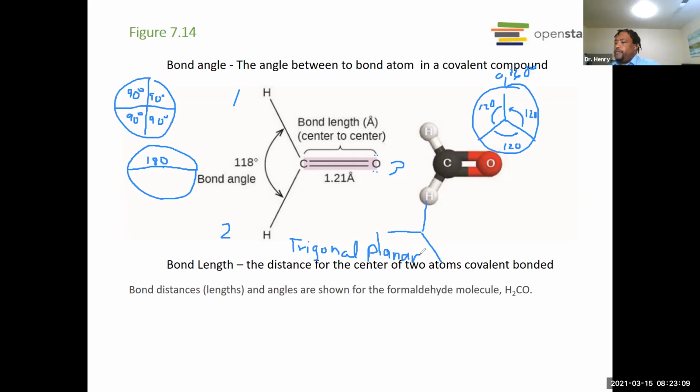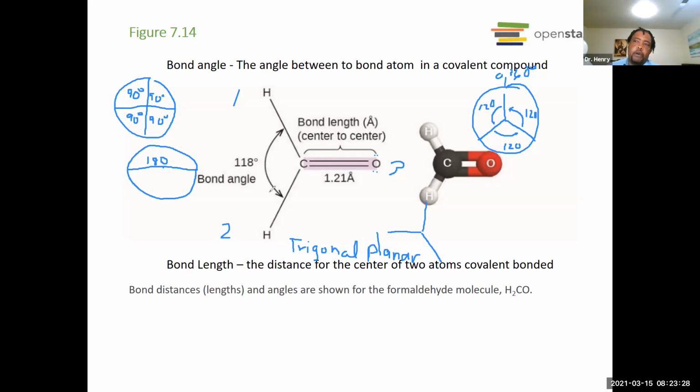Okay, if I have two things attached to the center atom, what is this guy going to be called? Linear. Okay, and I'll show you an example of that here in a second.